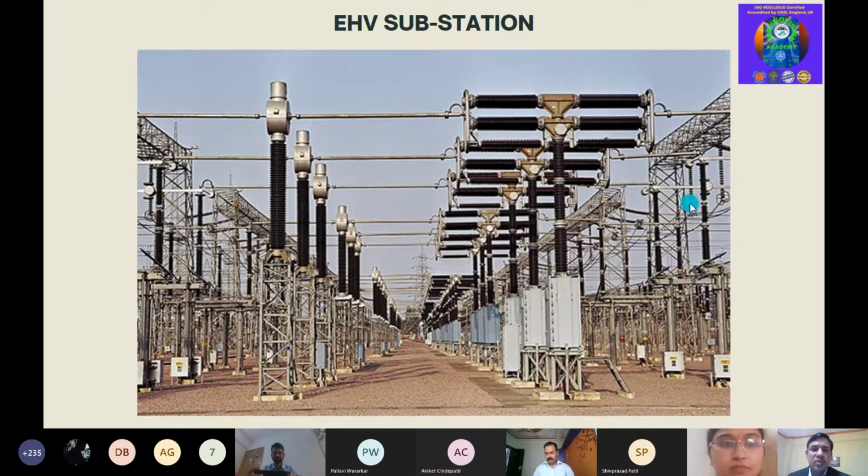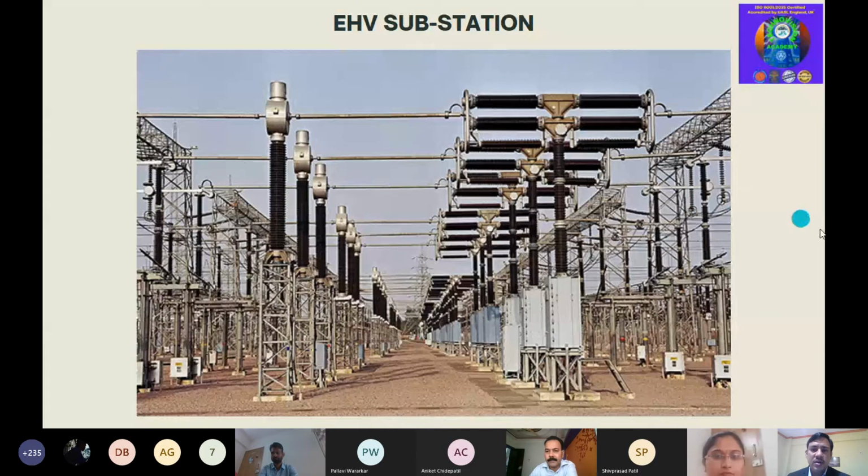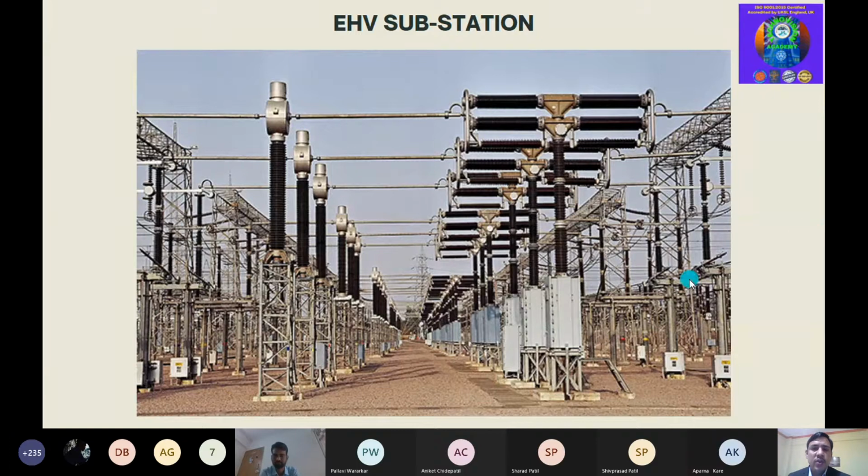So in EHV there are so many kinds of stations, even HVDC also. And nowadays, recent trends in transmission bring new technologies like voltage source converter based HVDC and so on. So today we will focus on our EHV station.